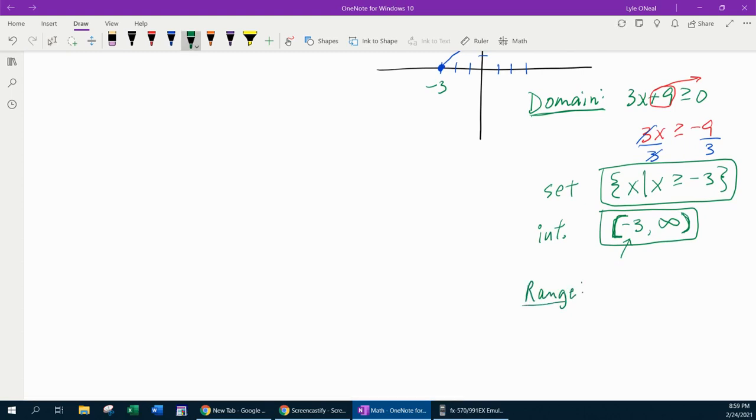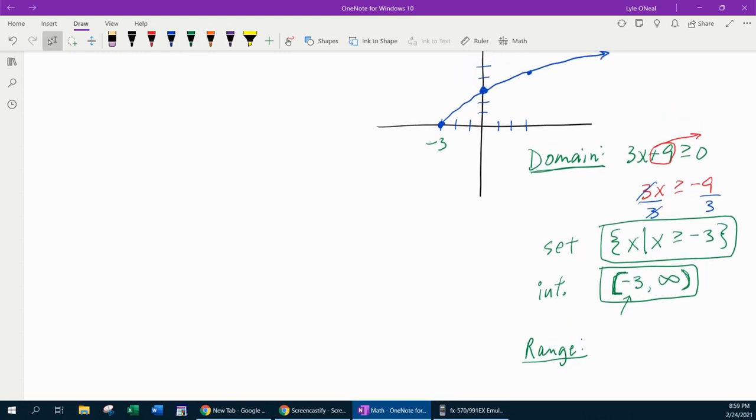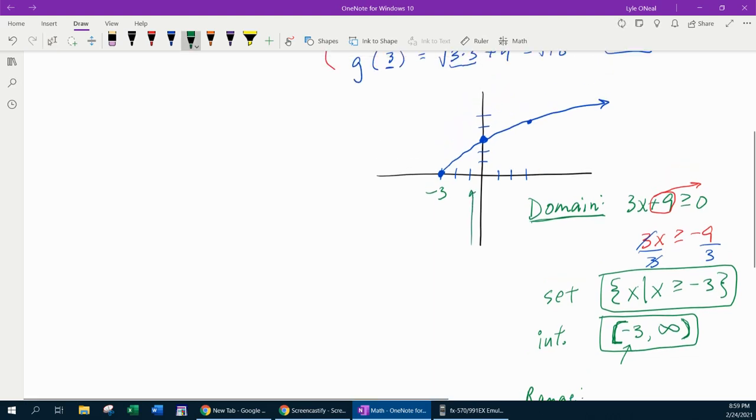The range are the values that y can be, and the y is how high. So since we want the y's, we're going to scan from bottom to top, and figure out where this graph starts existing, and then where it stops existing.